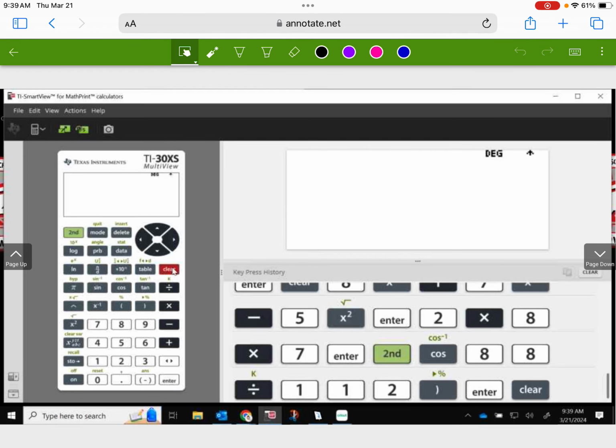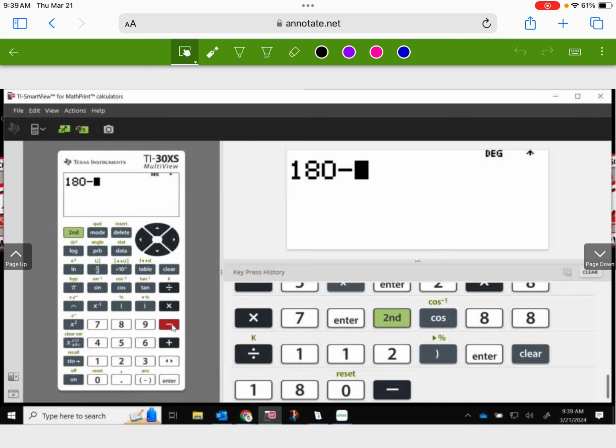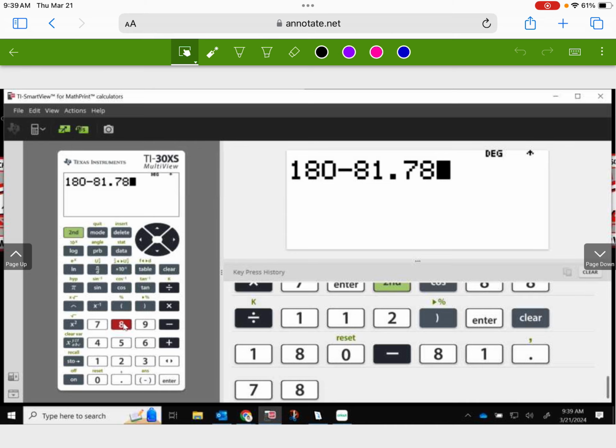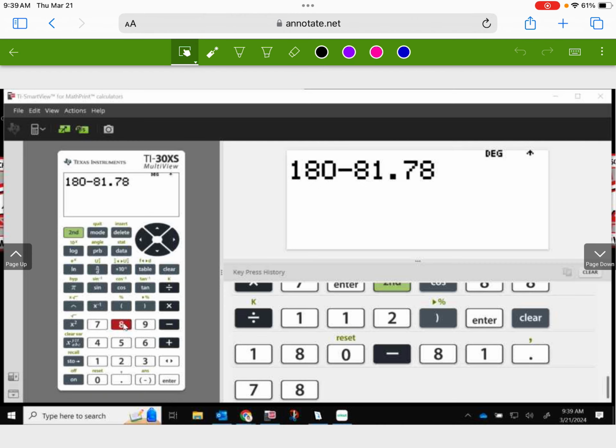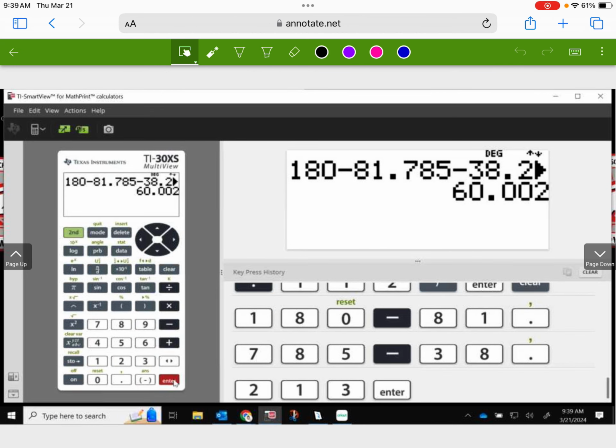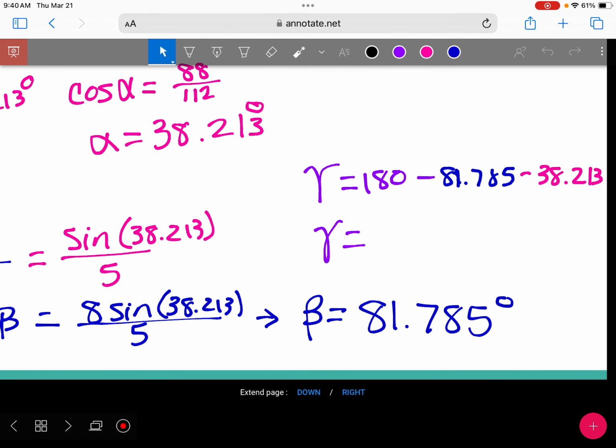So we're going to do our 180 minus our 81.783, and we're subtracting our alpha, which was 38.213. We get 60.002. So basically 60 degrees.